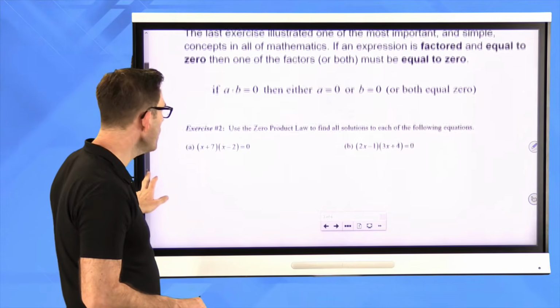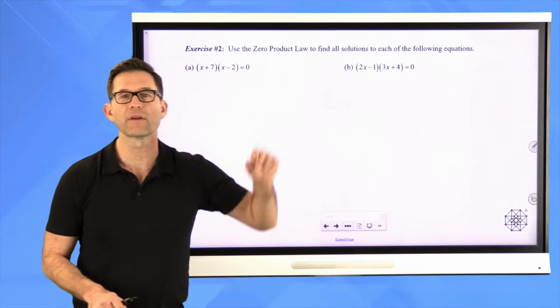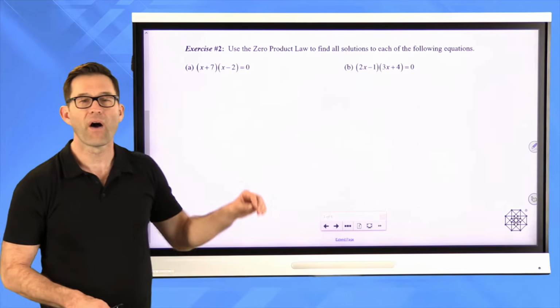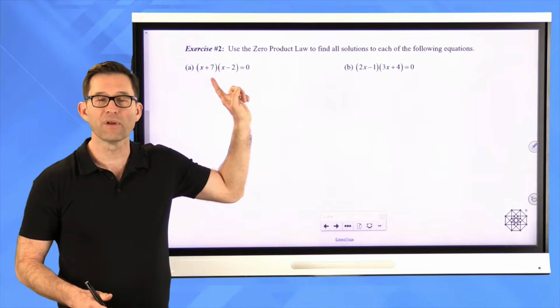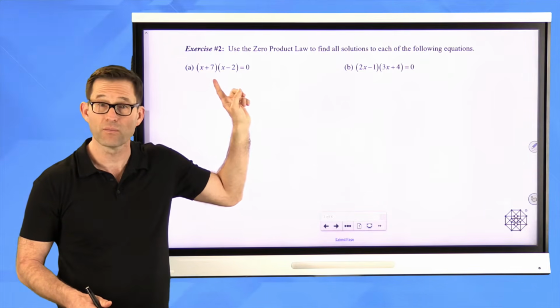So how does the zero product law work to help us find solutions? Well, let's take a look at exercise number 2. Use the zero product law to find all solutions to each of the following equations. All right, well, if I've got an equation that looks like x plus 7 times x minus 2 is equal to 0, that's a product.